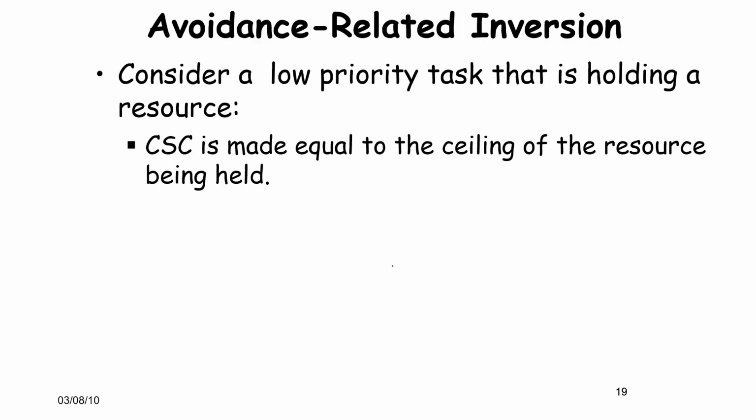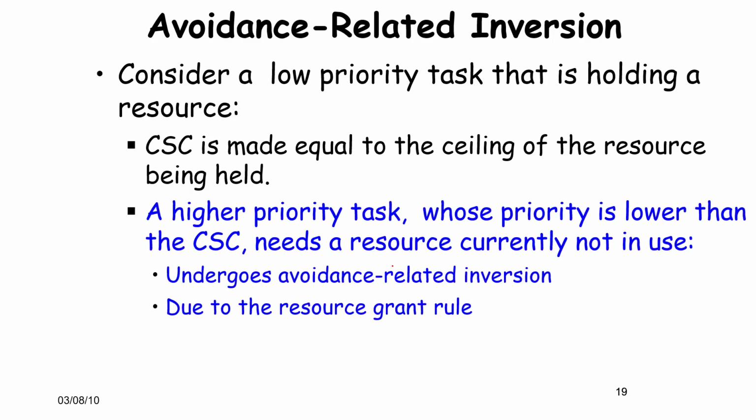Avoidance related inversion is where a low priority task is holding a resource, in a certain sense the CSC is made equal to the resource being held, and then a high priority task comes in whose priority is, however, lower than the CSC, but it needs a resource that is currently free. So you can say currently free, not in use, same as free. It will undergo avoidance related inversion as per the resource grant rule, which is something new in PCP.